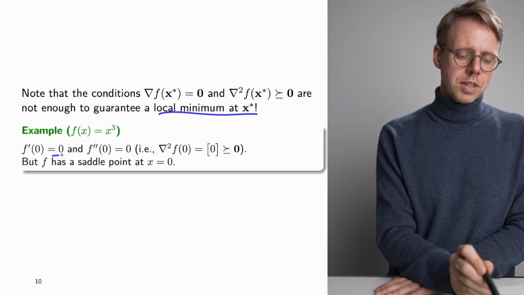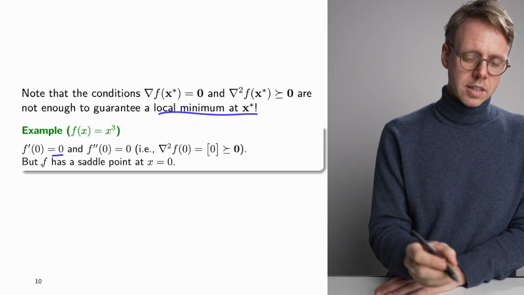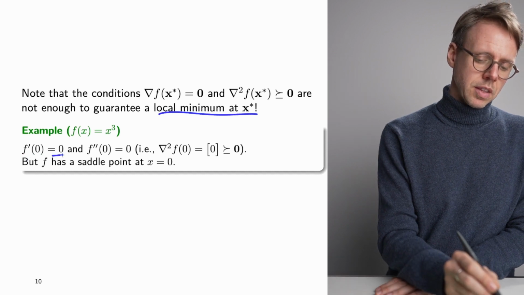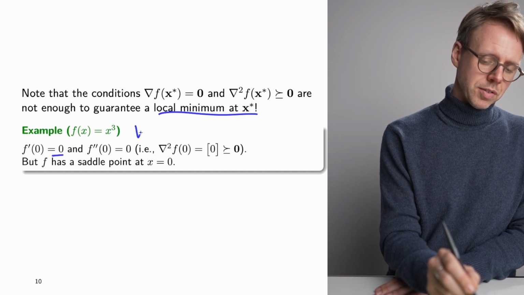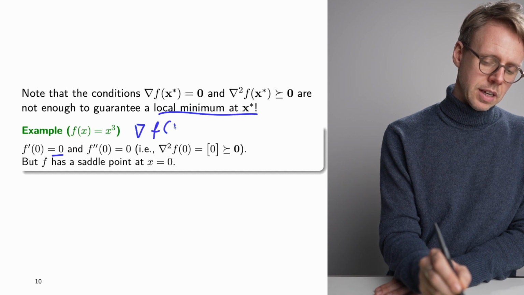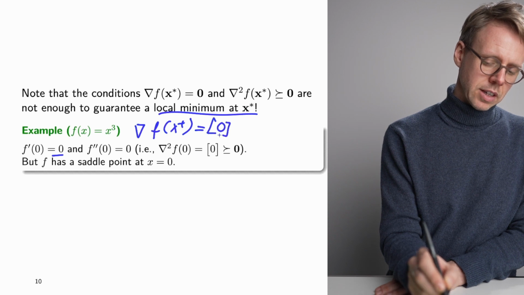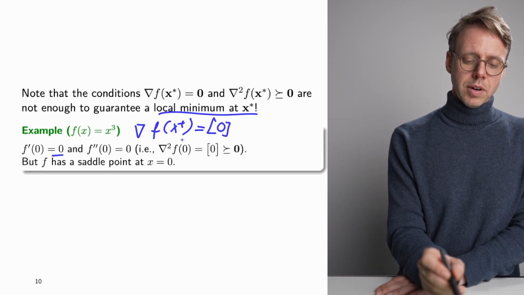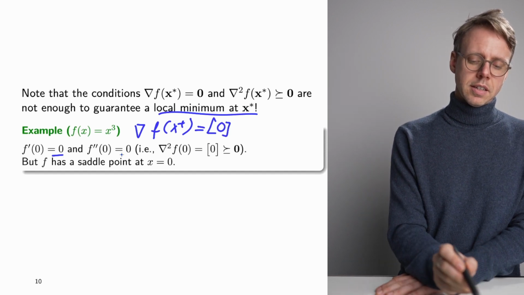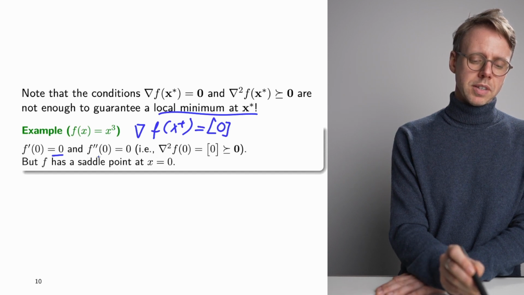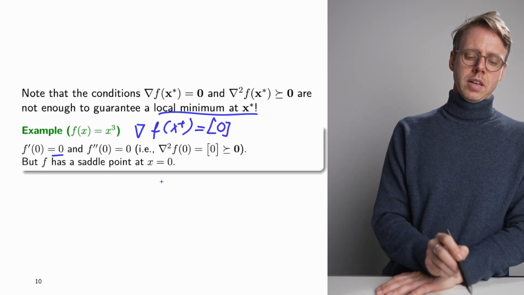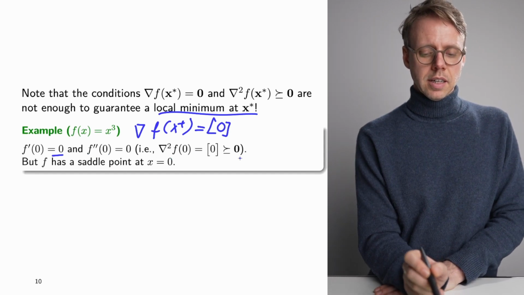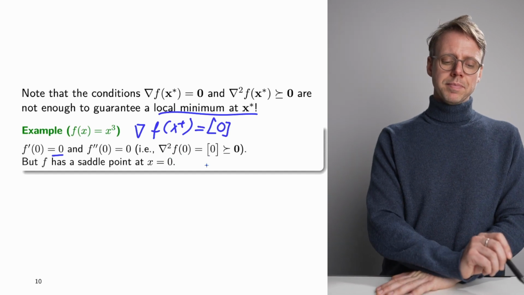We have a first derivative, so the gradient would be the vector of all the first partial derivatives, so the gradient of f at x star is a vector that has this one single derivative in it. So the gradient is equal to 0, and the Hessian is also equal to a matrix that is a 0, namely this matrix of the second derivative. It's 0, so the Hessian is positive semi-definite.